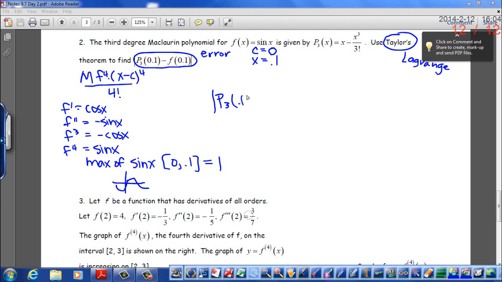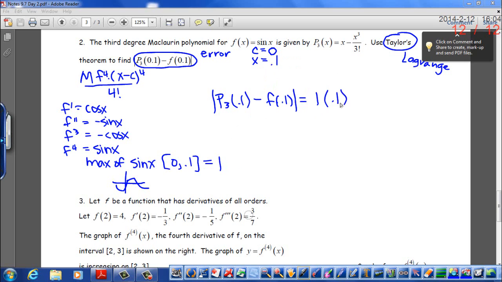The error, or the difference between my approximation at 0.1 and the actual value of f of 0.1, is going to equal the maximum, and we use the third degree here, so it's going to be the maximum of the fourth derivative, which in this case is 1, and then times the difference between x and c.